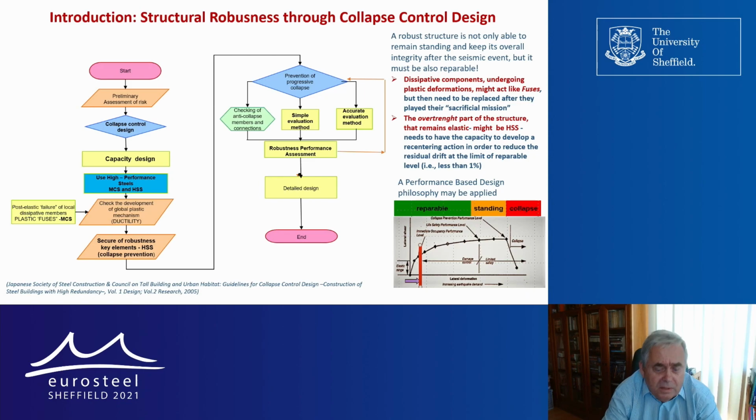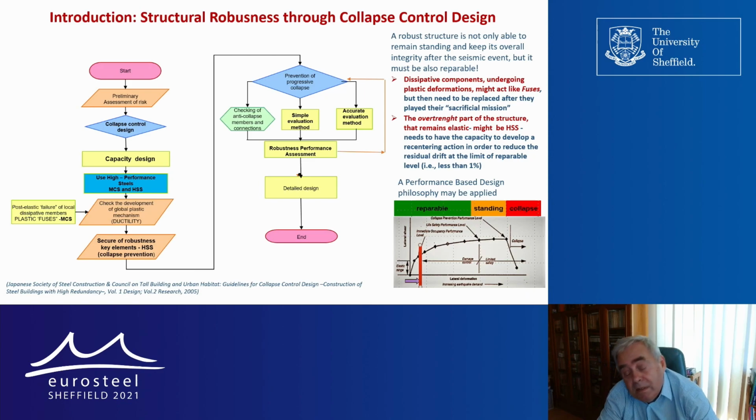Speaking now about what structural robustness means for structures which are prone to moderate and maybe high risk earthquakes, we have to say that the usual procedure in seismic design is to use so-called dissipative structures.